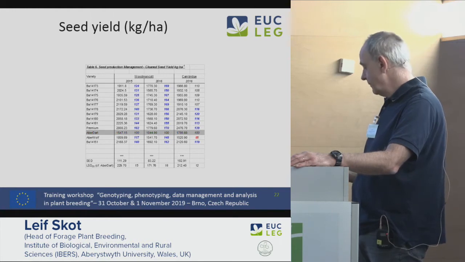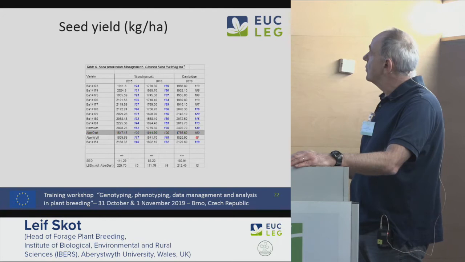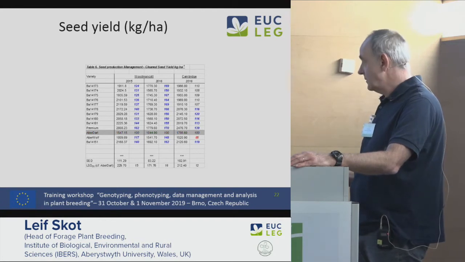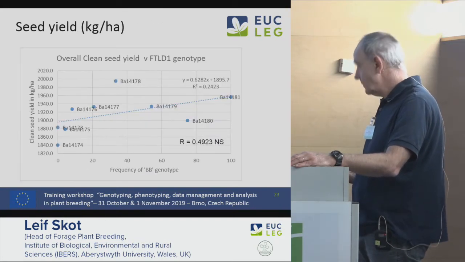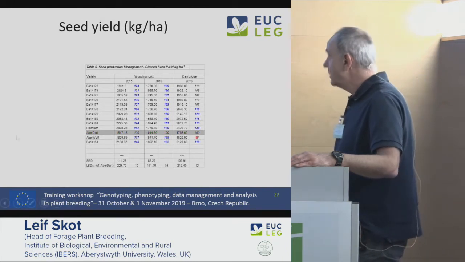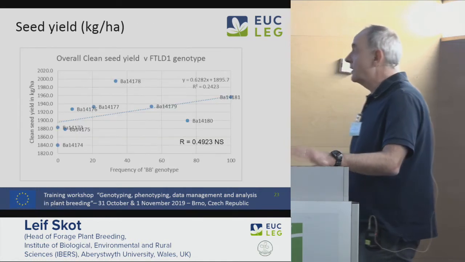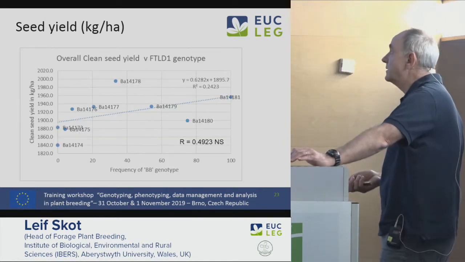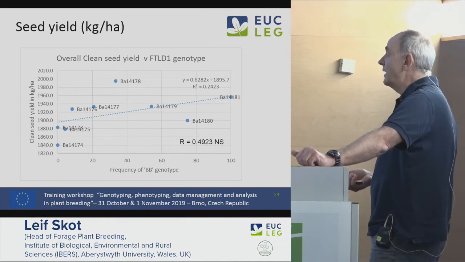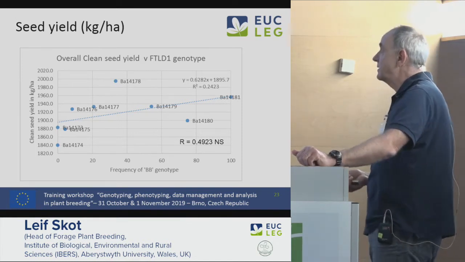So if you go to seed set, oh no. Yes, so that's a graph showing the seed yield in relation to where the different synthetic populations are.